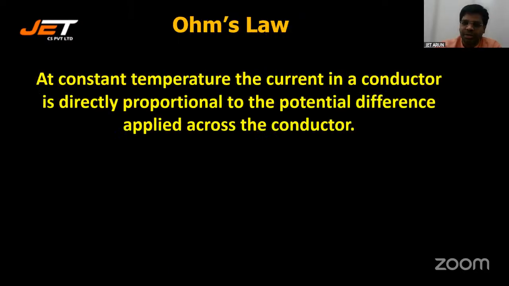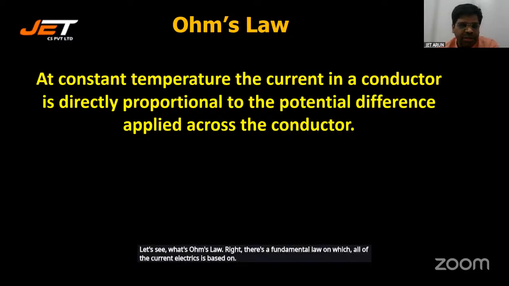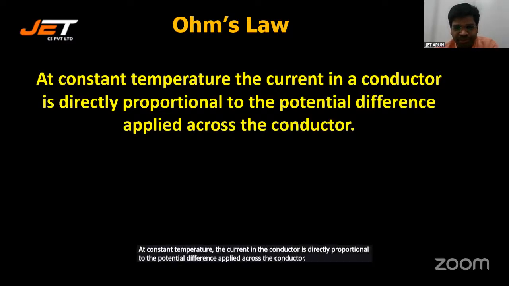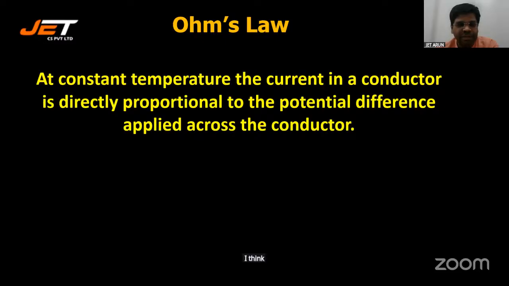Let's see what Ohm's law is. This is a fundamental law on which all of current electricity is based. At constant temperature, the current in the conductor is directly proportional to the potential difference applied across the conductor. I think I've gone a little fast. I'll go slow. Note, directly proportional to the potential difference applied across the conductor.